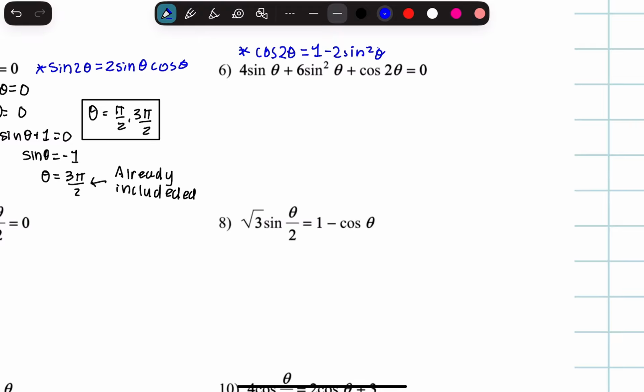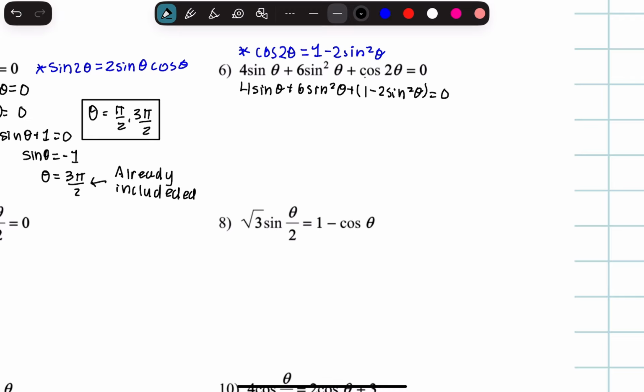Now we are able to rewrite this as 4 sine θ plus 6 sine squared θ plus 1 minus 2 sine squared θ, and that's going to be equal to 0.